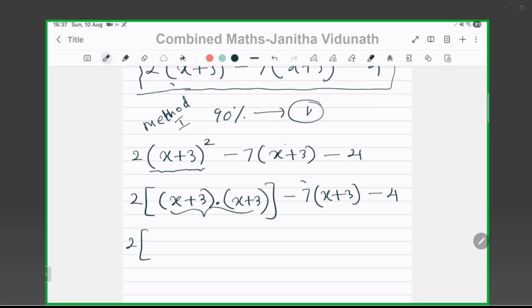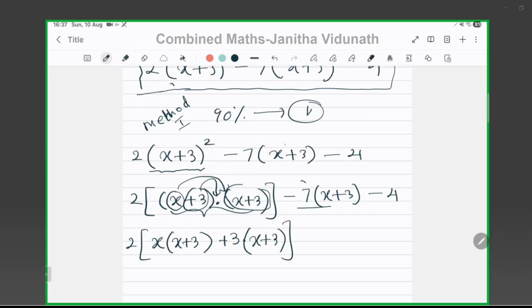Then we can simplify: x times the bracket x plus 3, this term plus this term times this bracket, and this term plus this term times this bracket. Then we get minus 7 times x minus 21 and the remaining 4.